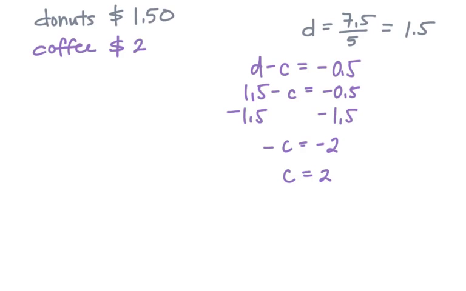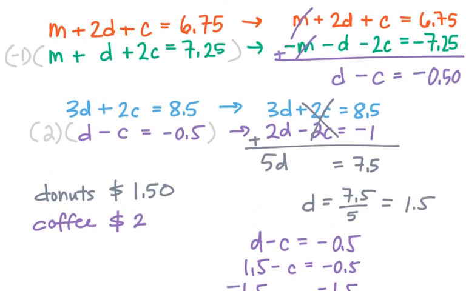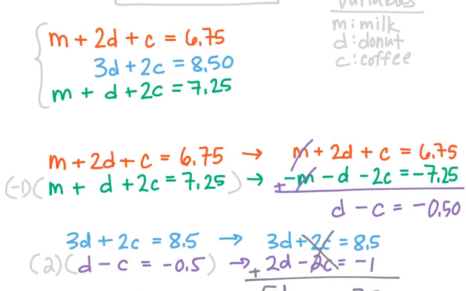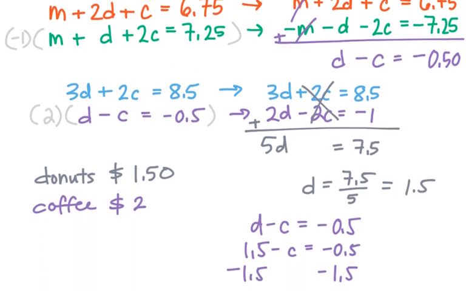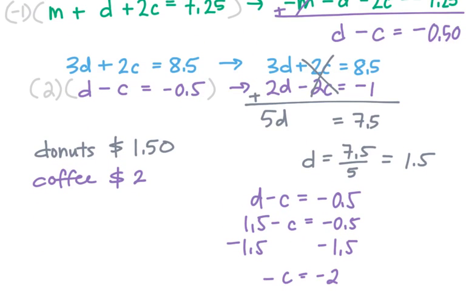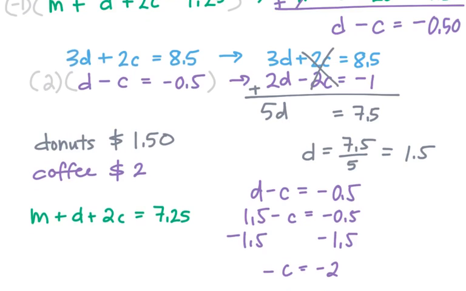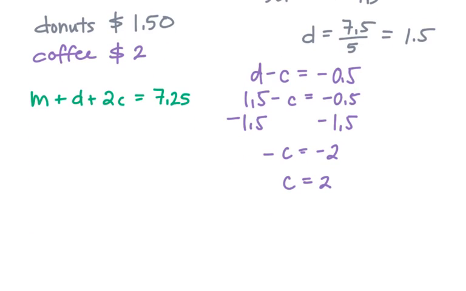Then we just need to know how much a carton of milk costs. And we can use either this red or green equation to determine the cost of milk. Since we know here we had M plus D plus 2C was equal to 7.25, I'm just going to plug those values in.